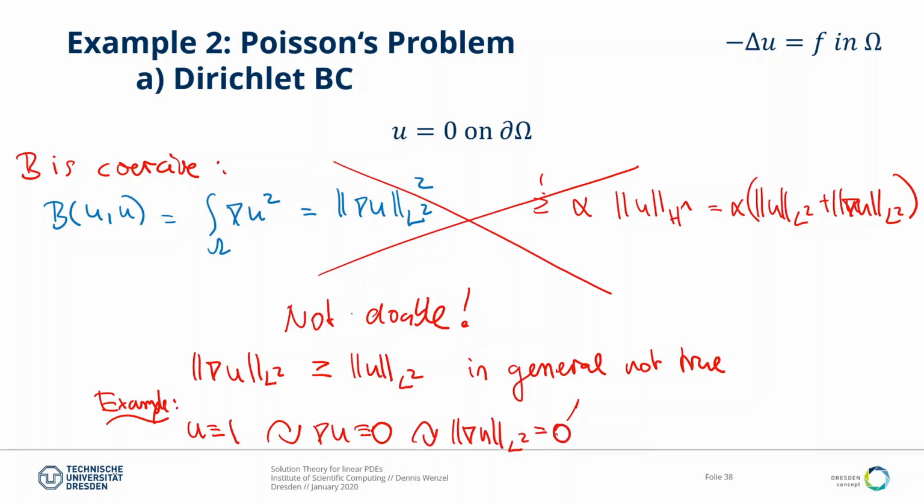And that's why it's in no way doable to use this to bound the L2 norm of the function u from above, because the L2 norm of u is something like the magnitude of the domain. So it's not possible to find any alpha such that this is bigger or equal to alpha times the norm of u in L2. That's just not doable. But we need to do it somehow.